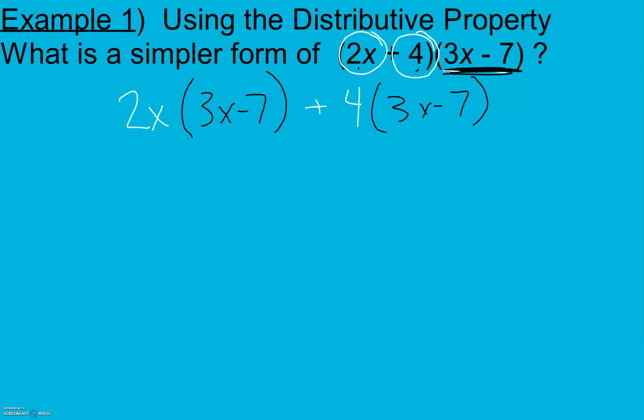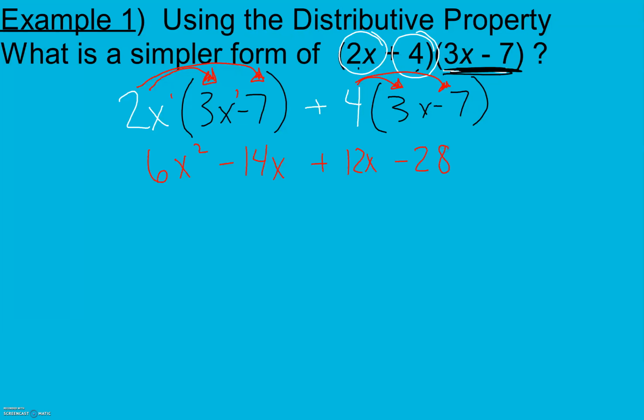Now, this is where the double distribute comes into play. I'm going to take the 2x and multiply it into both pieces of my binomial. And I'm going to take the 4 and multiply it into both pieces of my binomial. So here I have 2 times 3 is 6, x times x, add our exponents, x squared. 2 times negative 7 is minus 14x. 4 times 3 is 12 times an x, and 4 times negative 7 is negative 28.